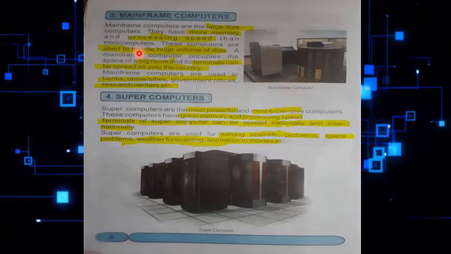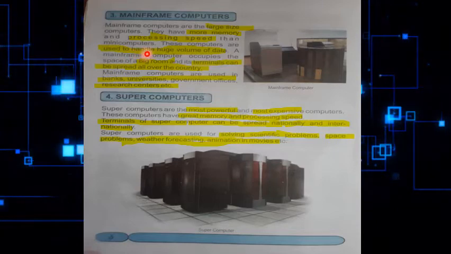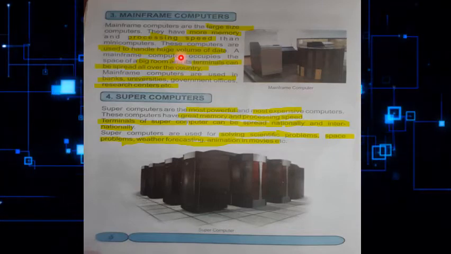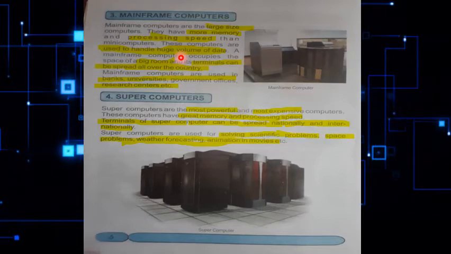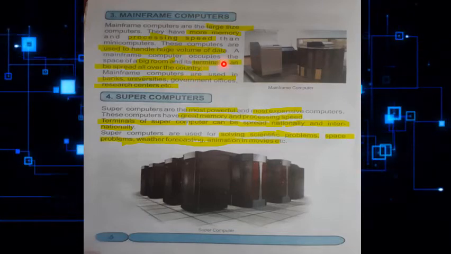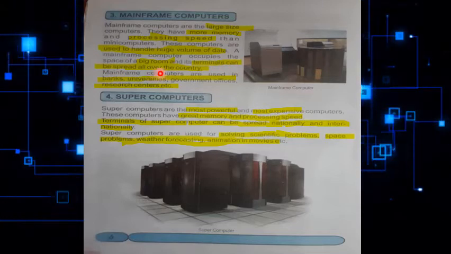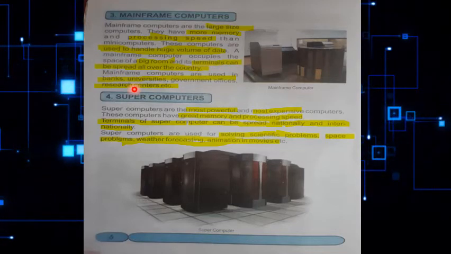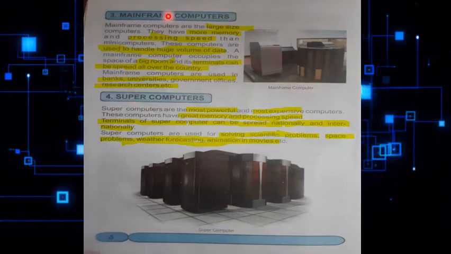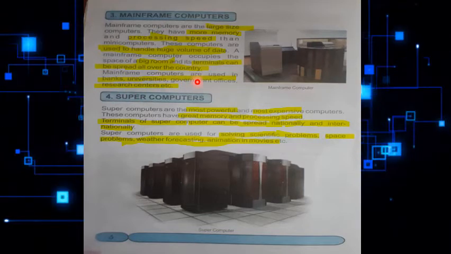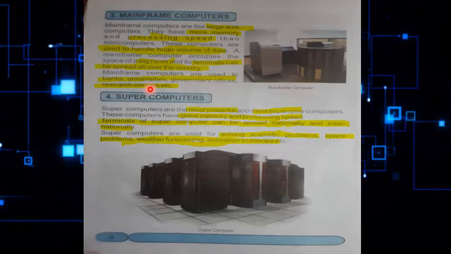These computers are used to handle huge volumes of data because they are bigger in size. Their terminals can be spread all over the country. And where are they used? These kinds of computers are used in banks, universities, government offices, and research centers.